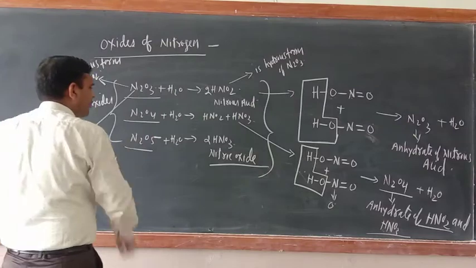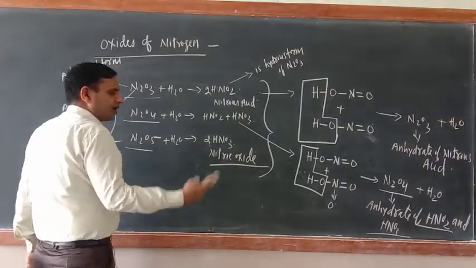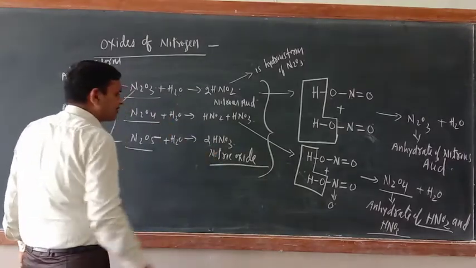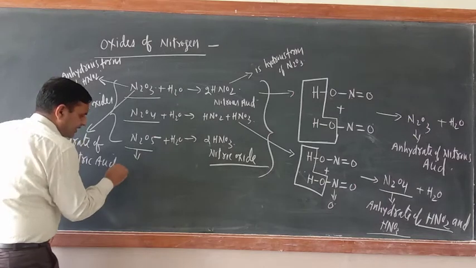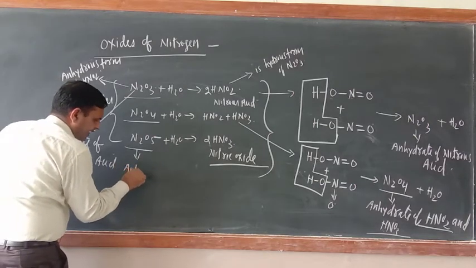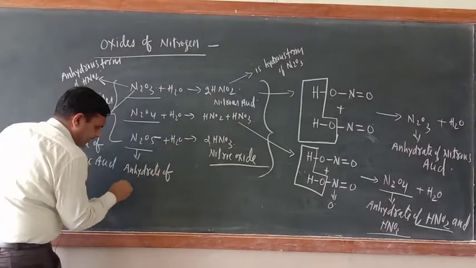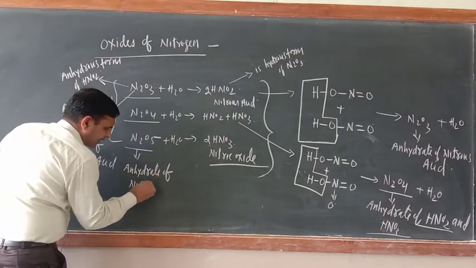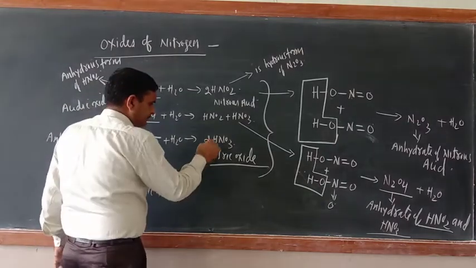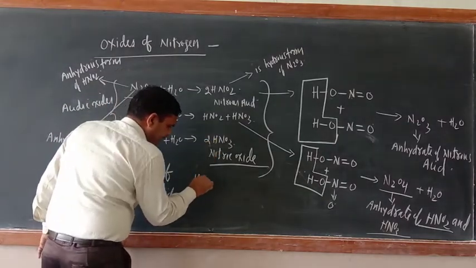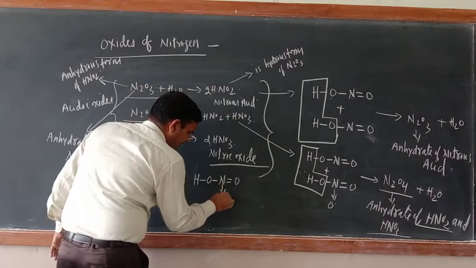What about N2O5? Just see. From 2 molecules of HNO3, if you remove 1 molecule of water, then you will get this one, N2O5. That is why it is known as anhydrate of nitric acid. Just see. Now write down here structure of this one. HON double bond O and this one.